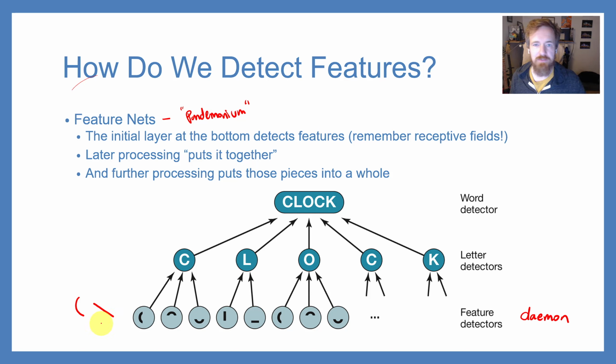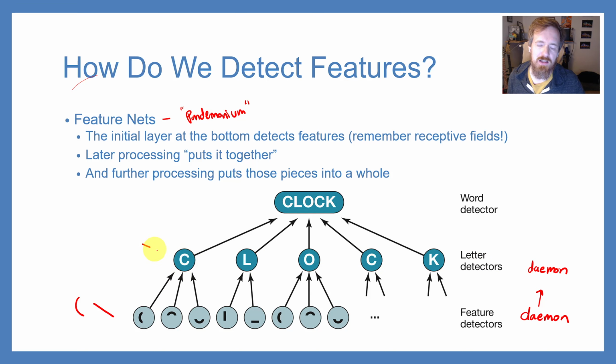And then from there, that information gets passed up to a secondary demon. That secondary demon, in this case, might be the one in charge of recognizing letters. So whenever this feature demon down here is going to pass up all of these features that it has collected, this letter demon is then going to look at, in this case, let's look at the clock, let's look at the C of clock right here.